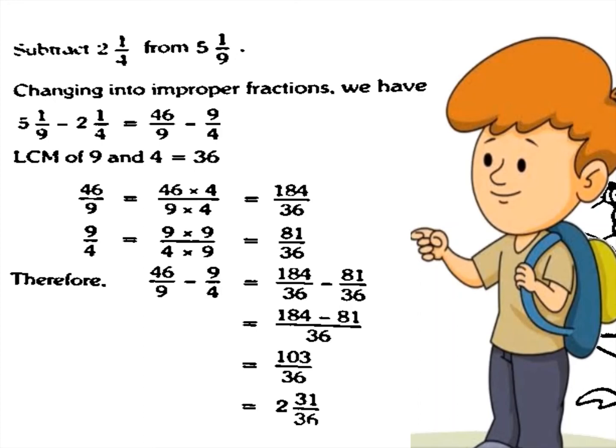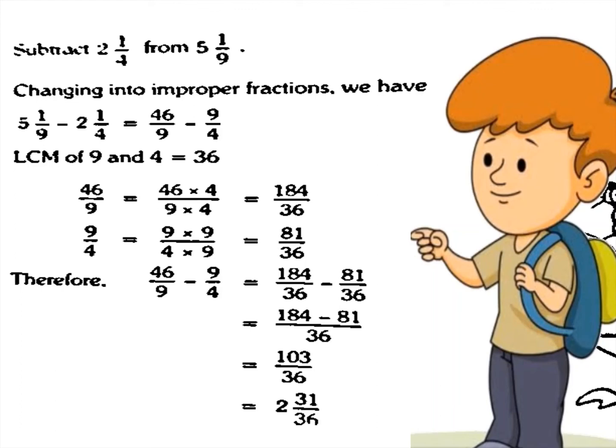Okay, we shall turn it into equivalent fraction. For this we shall take the common denominator. We can take LCM or we can do it mentally. 9 4s are 36, that is the common denominator for both.